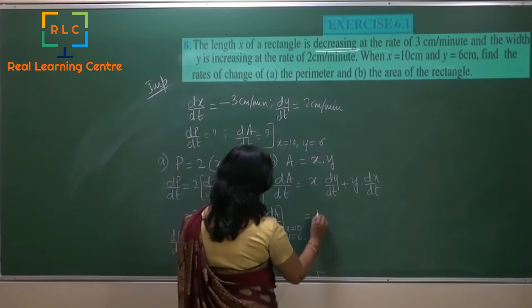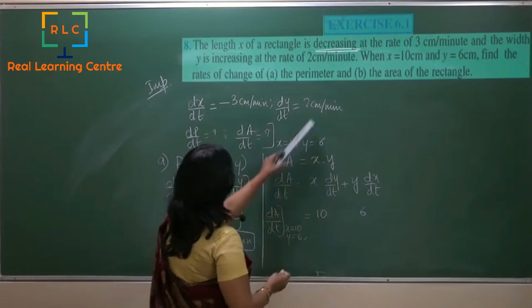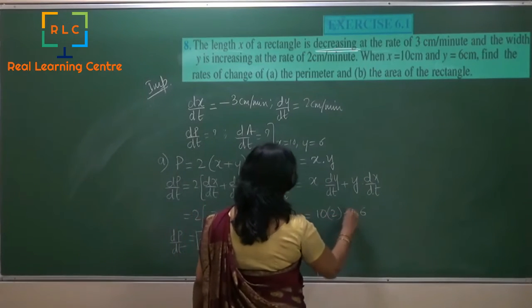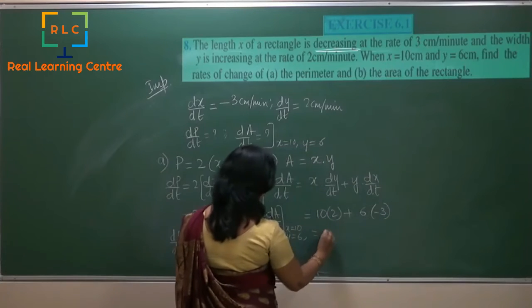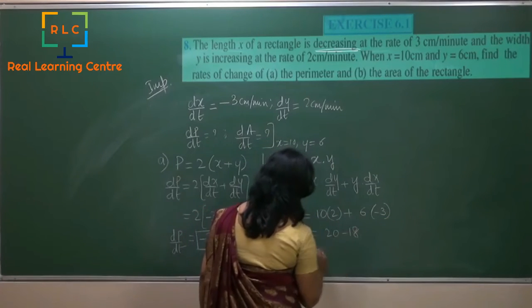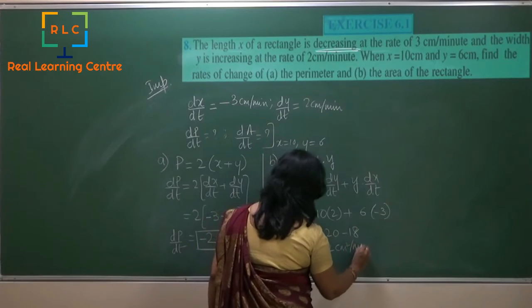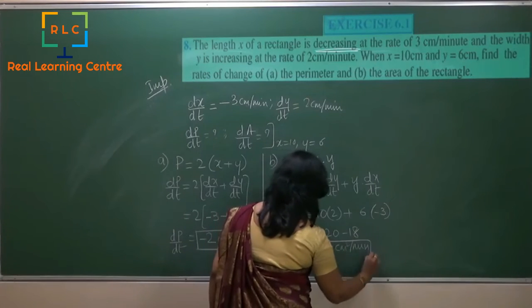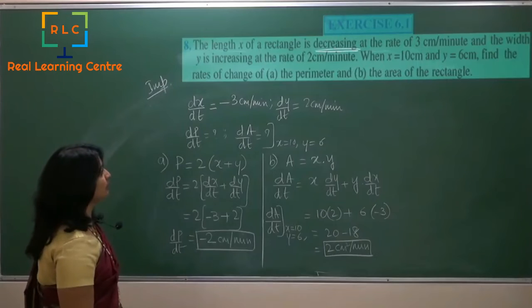Yeah. So x is 10, y is 6, dy by dt is 2, plus dx by dt is minus 3. So I got 20 minus 18, which is equal to 2 centimeter square per minute.